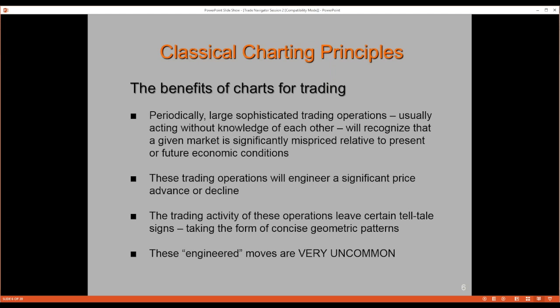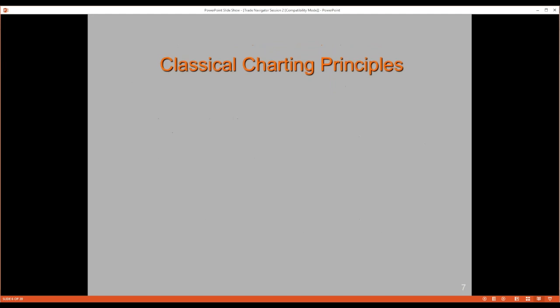These engineered moves are very uncommon. Having gone through this list of 4 things, don't start paging through your charts looking to try to find an engineered move on every chart page. These only happen maybe 10 to 20, maybe 30 times a year in all futures and Forex pairs combined.